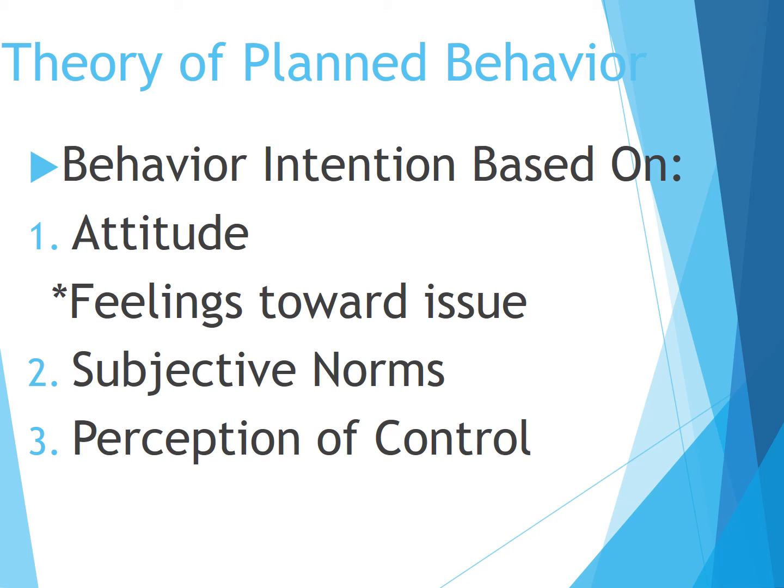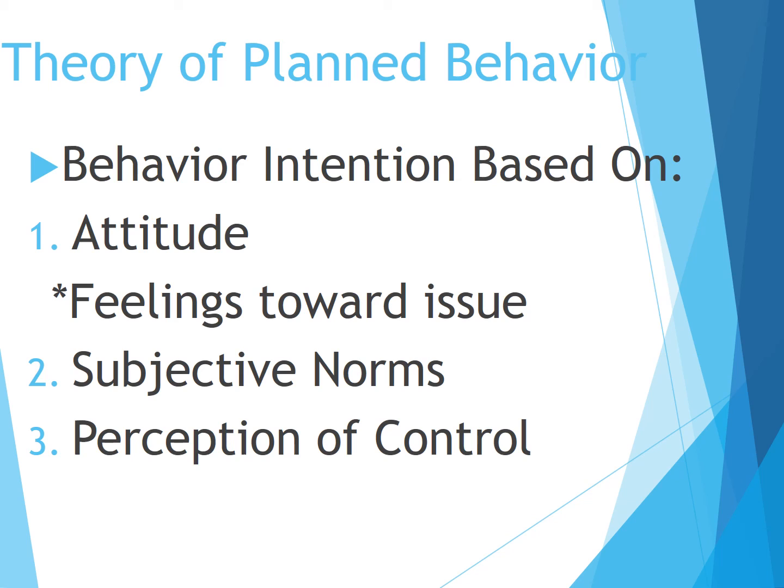So for example, we can use cigarette smoking among teenagers again. You may be a teenager and you know that cigarette smoke causes negative outcomes. You know that it stinks. You know that there are various things that you will suffer long term or even in the short term because you're smoking cigarettes.